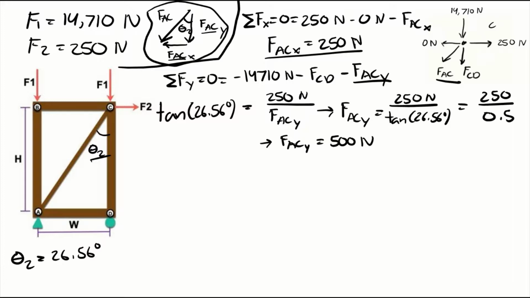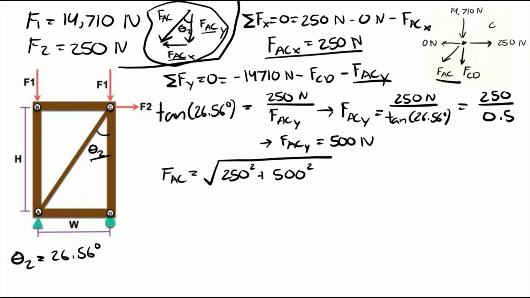To find the overall force of F sub AC, which we'll need when we go to joint A, we can use the Pythagorean theorem. So F sub AC will just equal the square root of F sub ACX squared plus F sub ACY squared, which is just C equals the square root of A squared plus B squared.